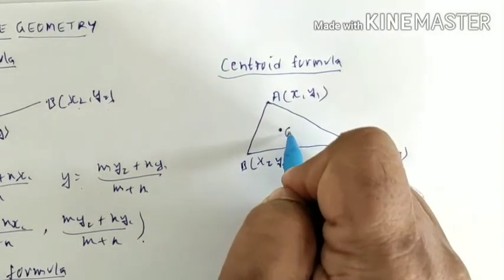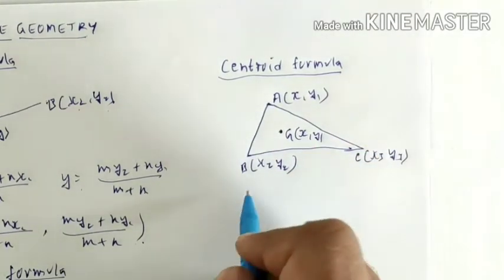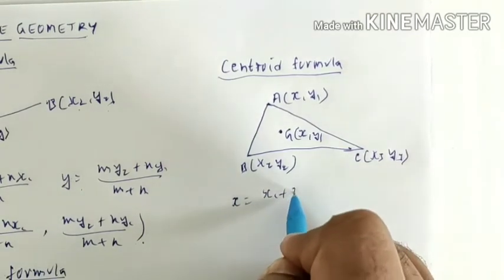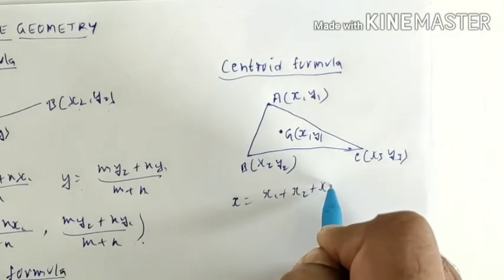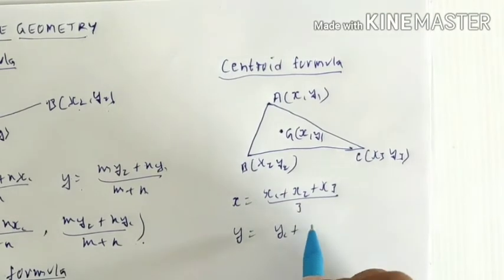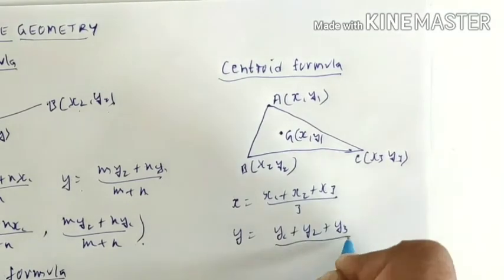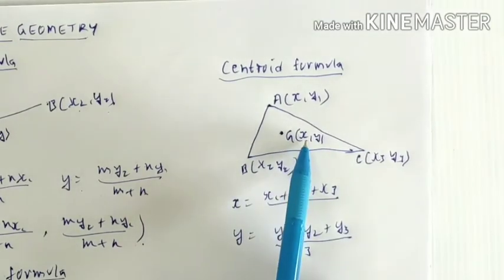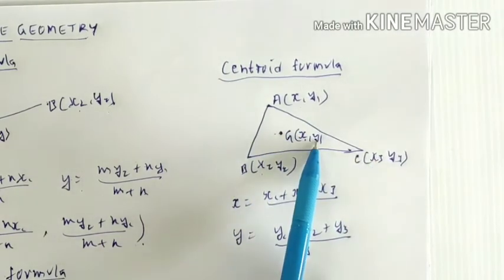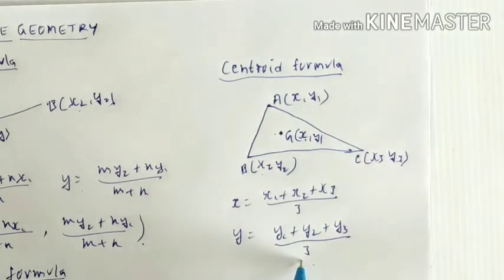Suppose this is the centroid G whose coordinates are x comma y, then the centroid formula is given by x is equal to x1 plus x2 plus x3 upon 3, and y is given by y1 plus y2 plus y3 upon 3. So the x coordinate of the centroid is given by x1 plus x2 plus x3 upon 3, and y coordinate of the centroid is given by y1 plus y2 plus y3 upon 3. So this formula is also very simple.